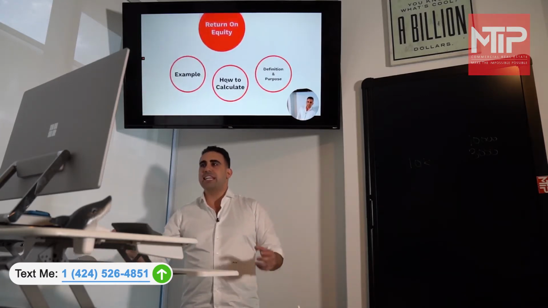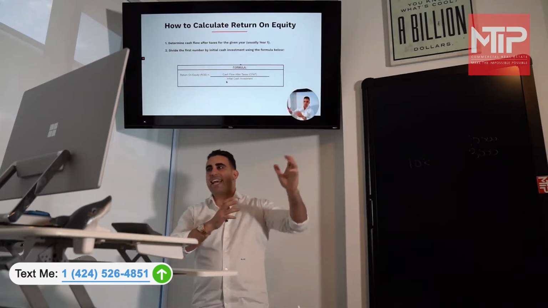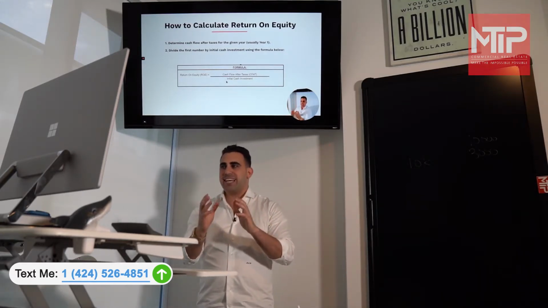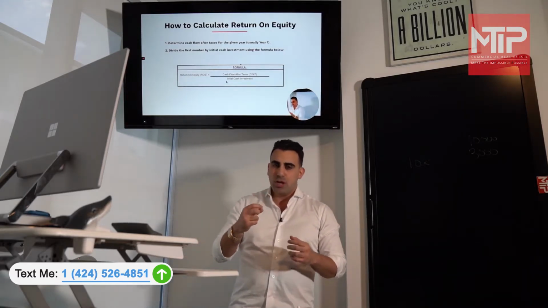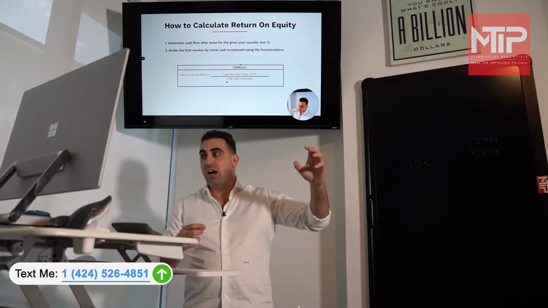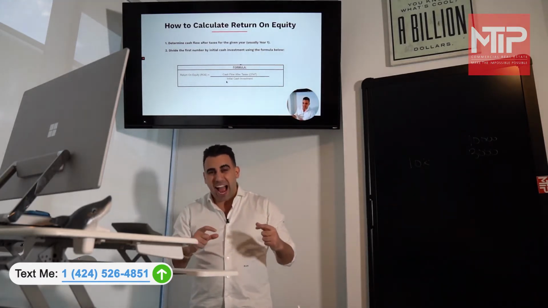So, how to calculate the ROE, the return on equity? You basically take your cash flow after taxes and you divide it by your initial cash investment. We talked about cash flow before taxes. This is cash flow after taxes.